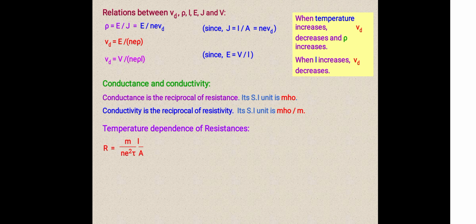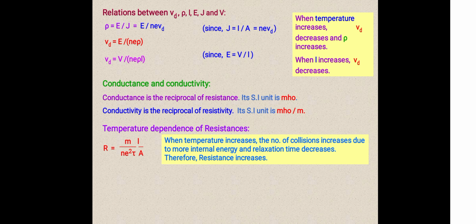Now we discuss the temperature dependence of resistance. We know that R equals m into L by n square into tau into A. So when temperature increases, the number of collisions increases due to the more internal energy, and relaxation time decreases. That's why resistance increases. This is for a conductor.